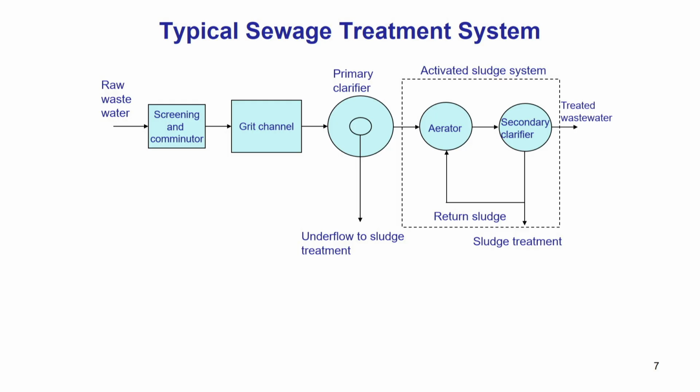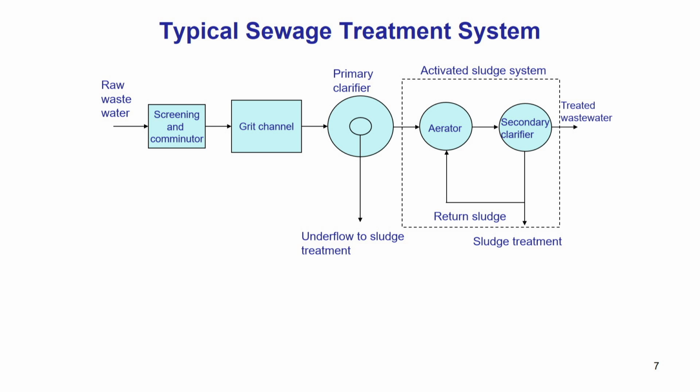There are many variations, so we will just talk about the basic fundamentals of this process. There are two units: one is the aerator and the other is the secondary clarifier. From the secondary clarifier, the underflow sludge has to be disposed of, but a portion of this sludge is returned to the aeration tank.